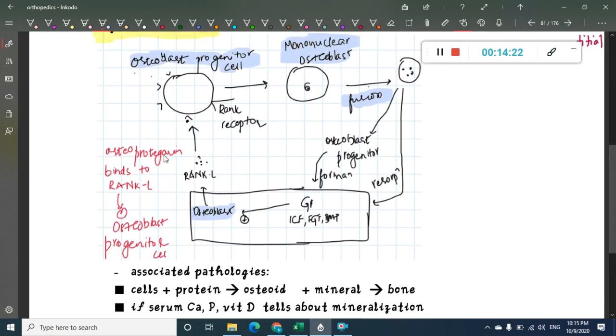There is something called osteoprotegerin. This osteoprotegerin binds to the RANK ligand and will inhibit the osteoblast progenitor cell.